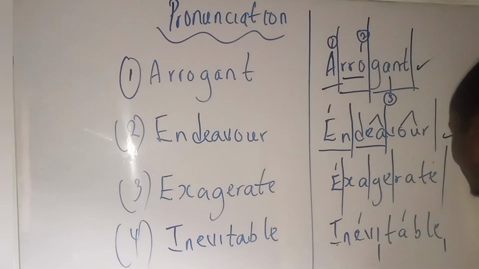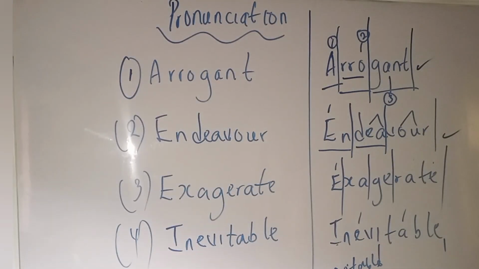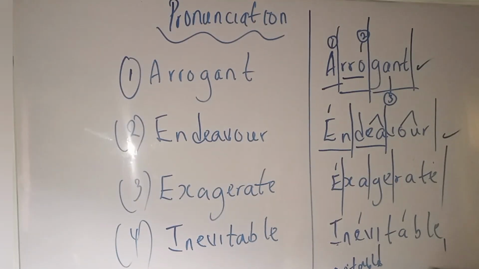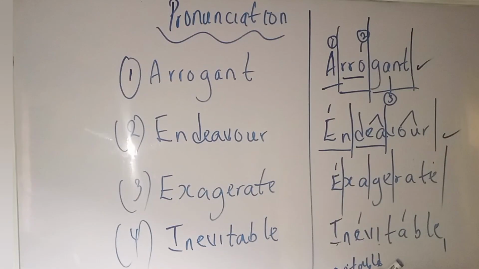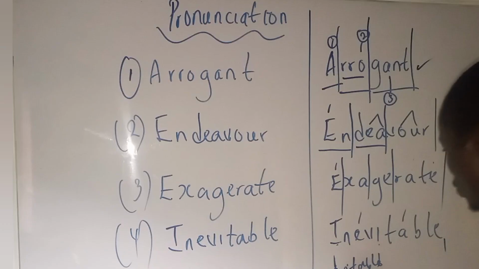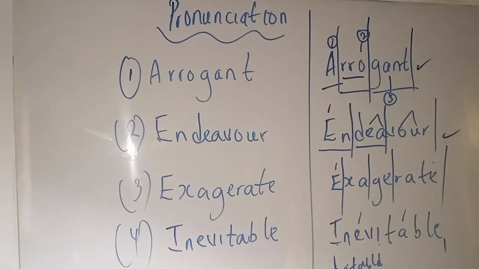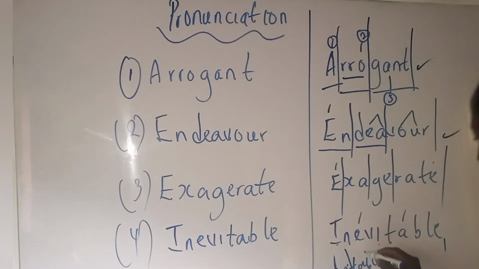This E-V-I is like a fresh word. Now, when we want to pronounce this one, we can find out that our vowel is starting it. "Vi". When you join it together, they can take care of themselves. So we have "Vi" can stay, then "Ta" can stay, "Ble", then this E can call itself.